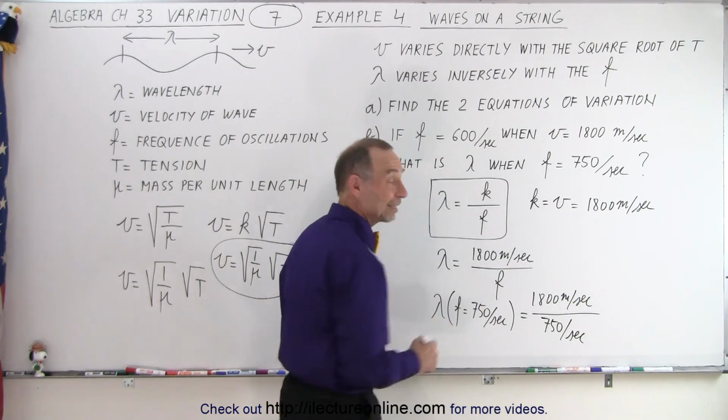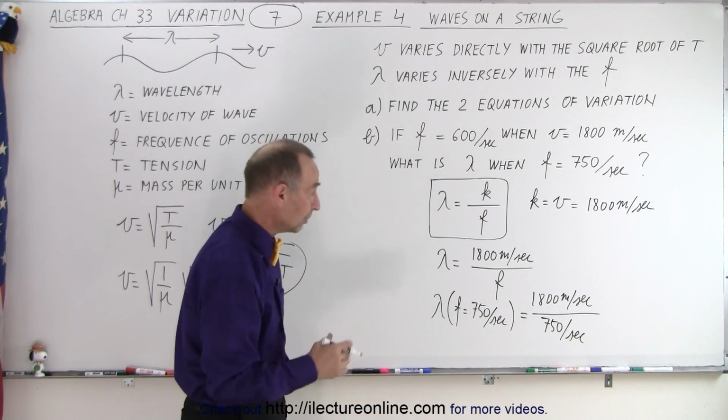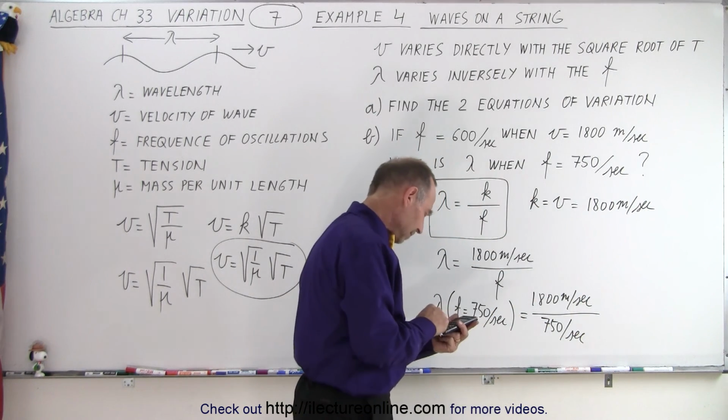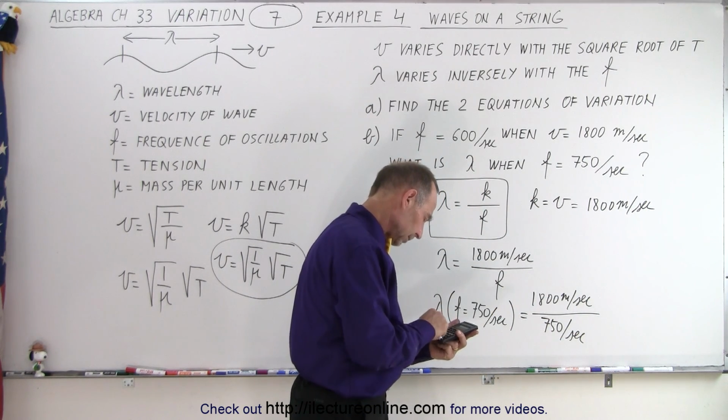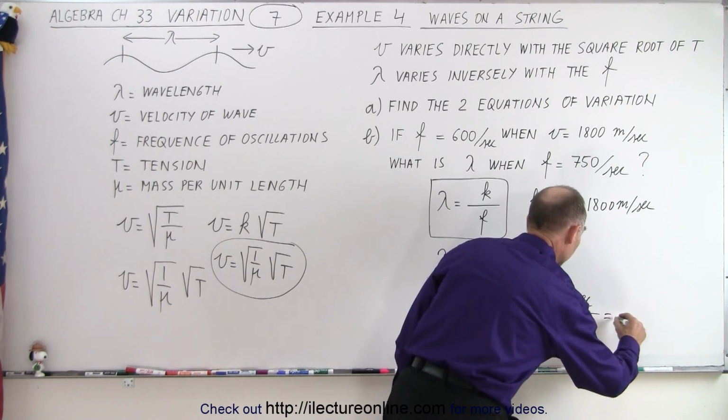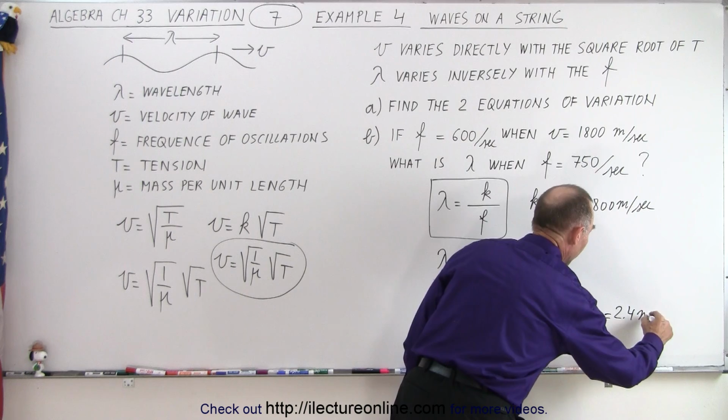And notice the per second cancel out, both in the numerator and the denominator. And then 1800 divided by 750 is 2.4. So it would be equal to 2.4 meters.